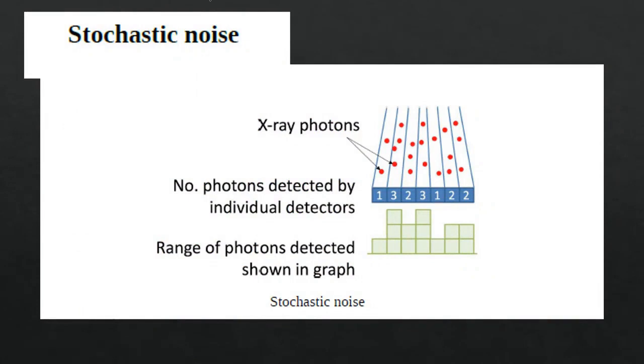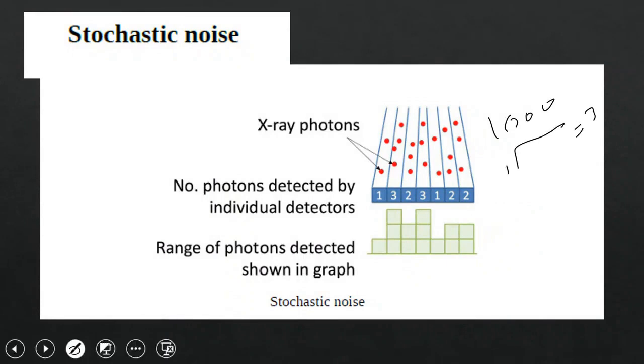Here, of course, as we mentioned, we have stochastic noise, the primary noise we talked about, which is quantum noise related to the number of photons detected by the detector. According to these ranges, you can see the number of photons detected. Whenever 1,000 photons are detected, the noise will be around 31.